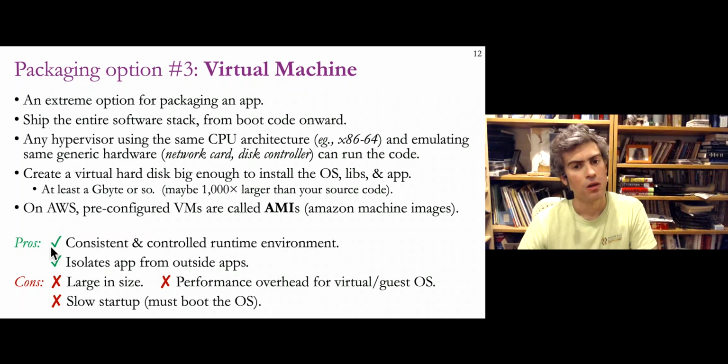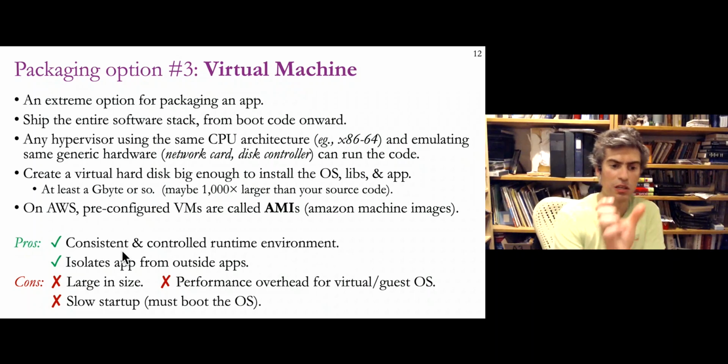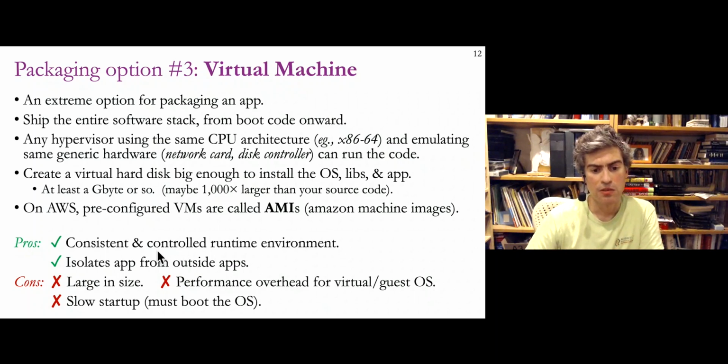Okay. So the advantage of this approach is that it gives you a very consistent environment because it's literally a clone of this virtual machine. It's very controlled because you set up everything about the virtual machine, and again, it's a clone of that virtual machine disk image. Because you're using virtual machines, your app is isolated from other apps.